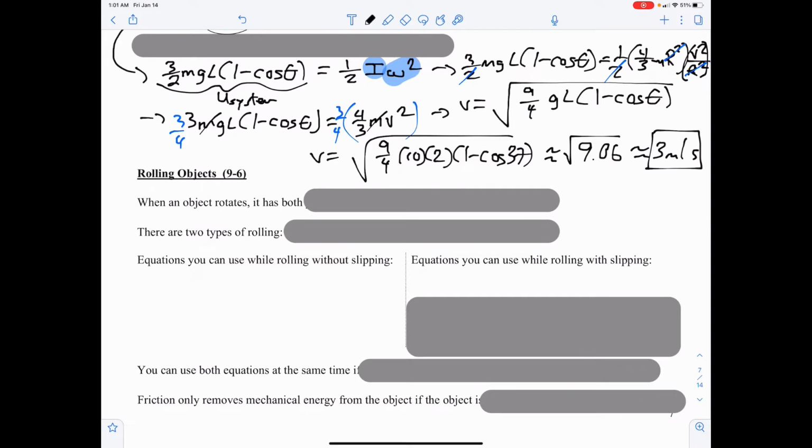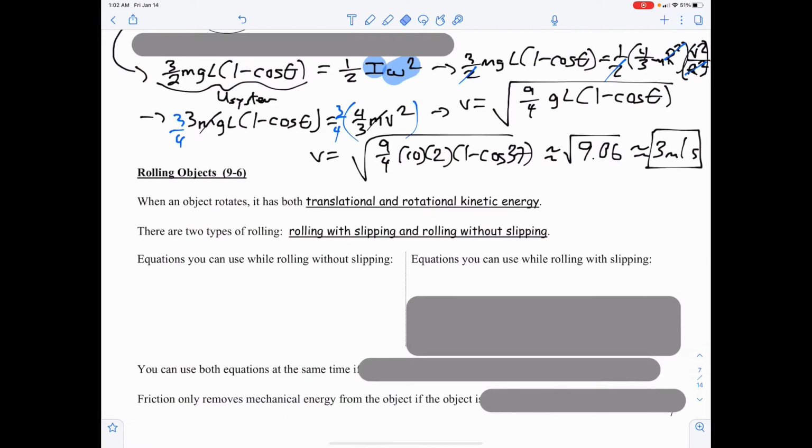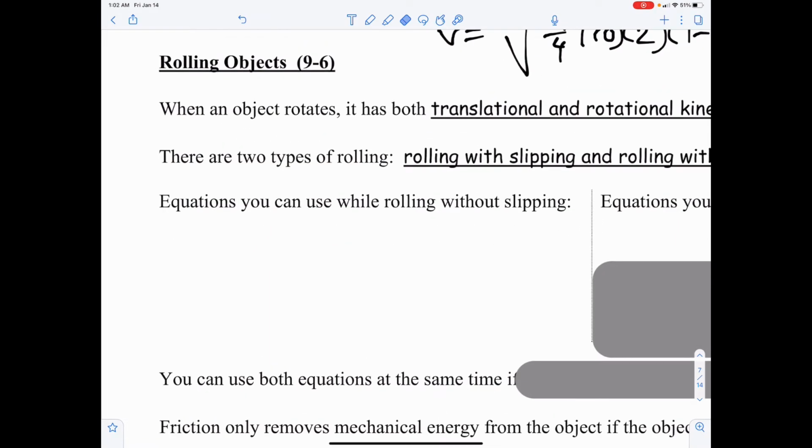Section 9.6, rolling objects. When an object rotates, it has both translational and rotational energy. There are two types of rolling: rolling with slipping and rolling without slipping. So, equations you can use while rolling without slipping.